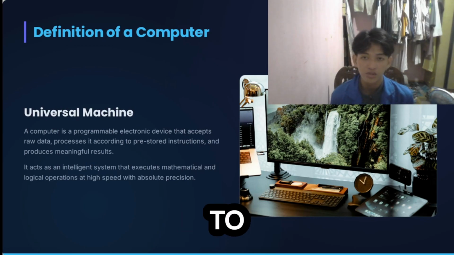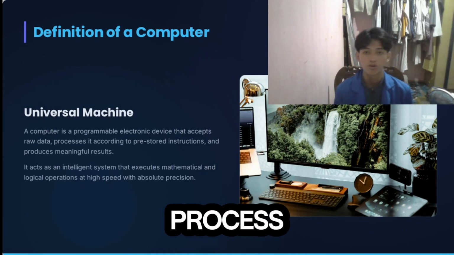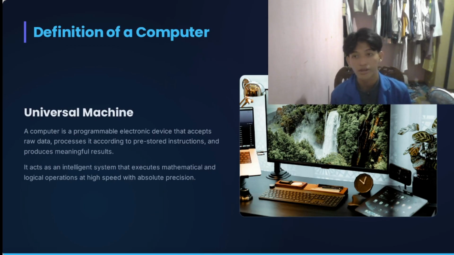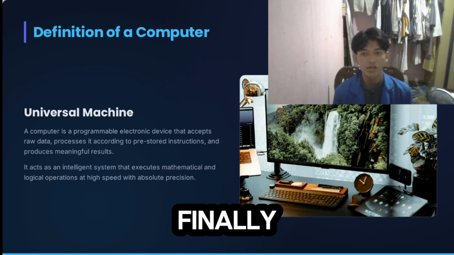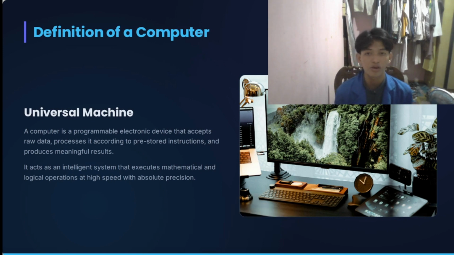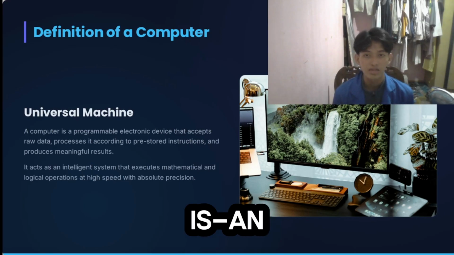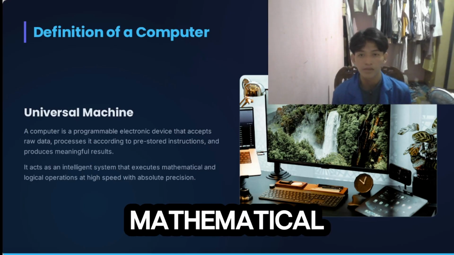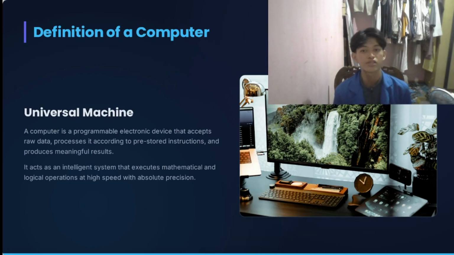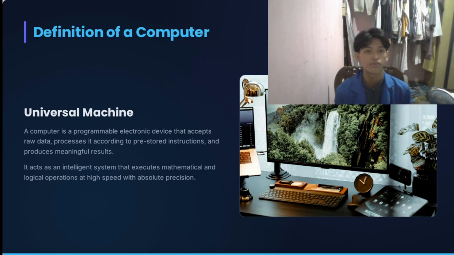Its job is to accept raw data as input, then process that data according to pre-stored instructions, and finally generate useful information as output. It is an intelligent system that executes mathematical and logical operations at high speed with absolute precision.